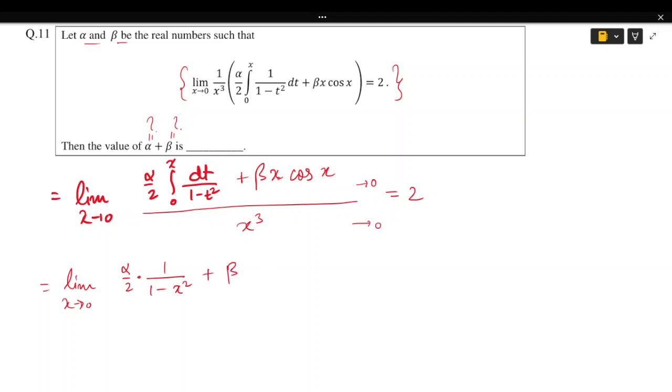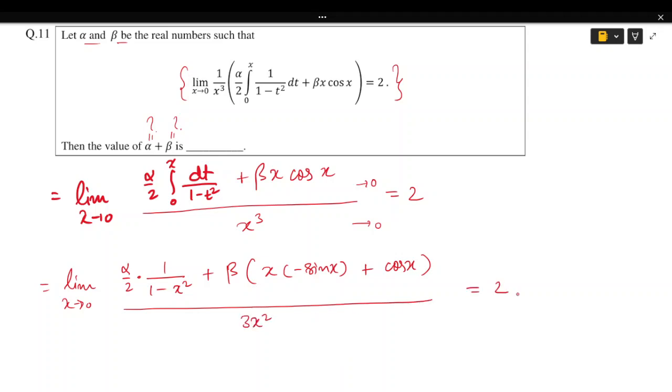Similarly, if we differentiate the second term via product rule, first into differentiation of second will be minus sin x, second into differentiation of first will be 1, and in the denominator, differentiating x cube we get 3x square, and the limit is 2.